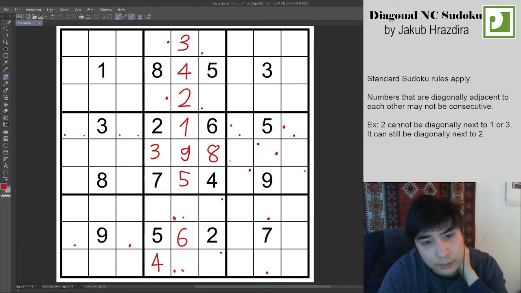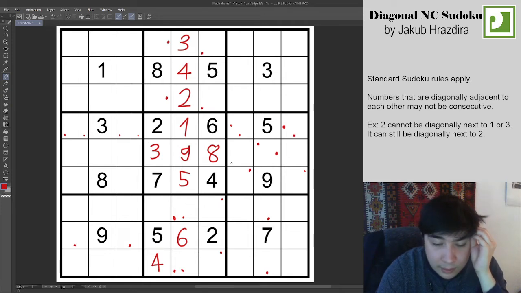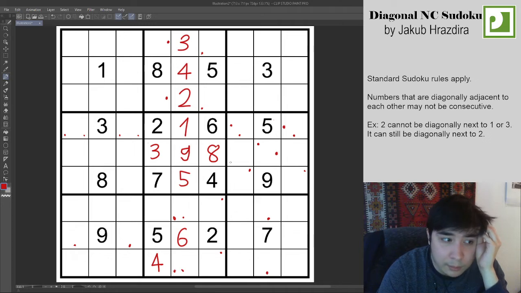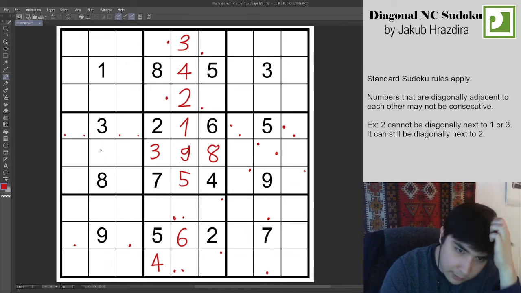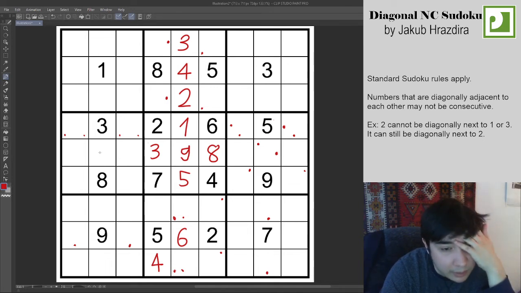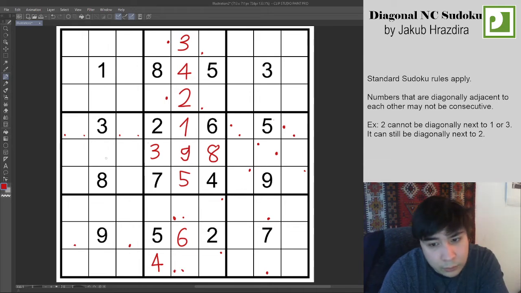I don't actually see a lot. I think we need to look at the middle row, or the middle rows, rather. This number at the center, it can't be 6. It's got to be 1, 2, 4, or 5.